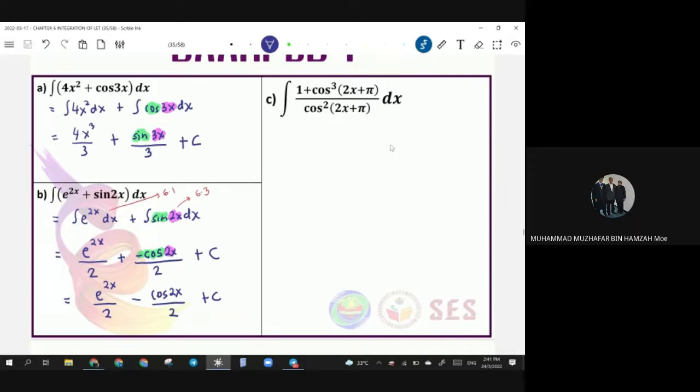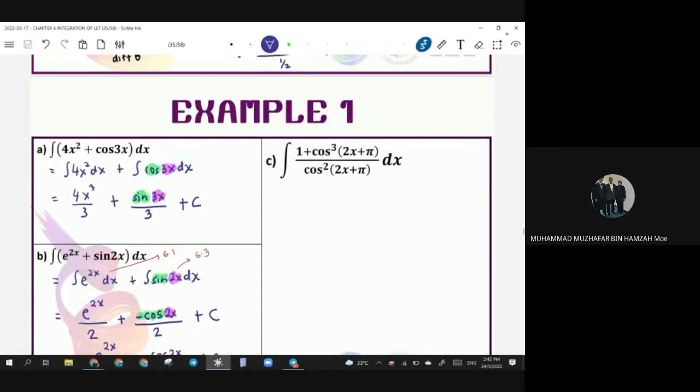Kita kena kaji dulu. Okay, so somehow bila kita kaji soalan C ini, we realize that we have a fraction. Kita ada pecahan kan? Okay, so kita ada 1 plus cos cube 2x plus pi. And then, by the way, saya nak remindkan korang contoh lah.